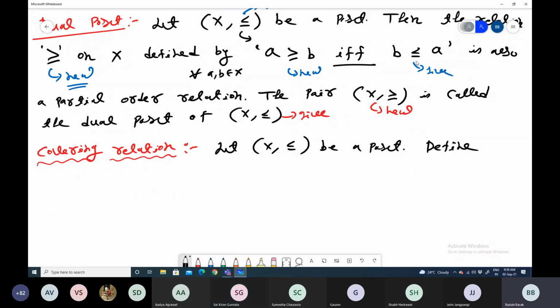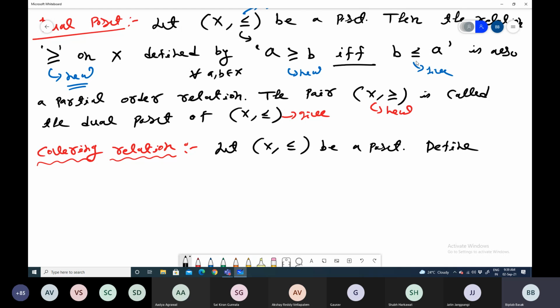If A is less than or equal to B means A divides B, then A is greater than or equal to B means A is divisible by B. Every element in X need not be related to each other, right? Yes, we will see that one as well.